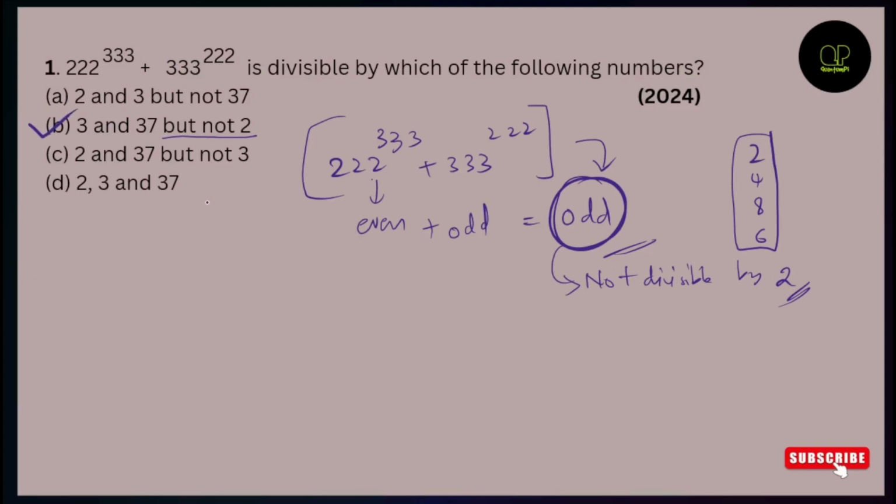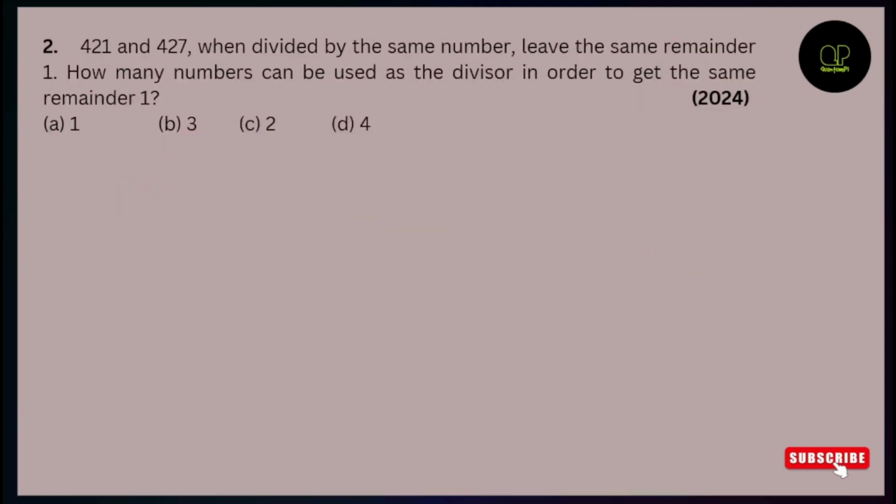Okay, let's move to the next question. So you have 421 and 427 when divided by the same number leaves the same remainder 1. How many of the numbers can be used as divisors in order to get the same remainder 1? So see, 421 and 427 divided by the same number.